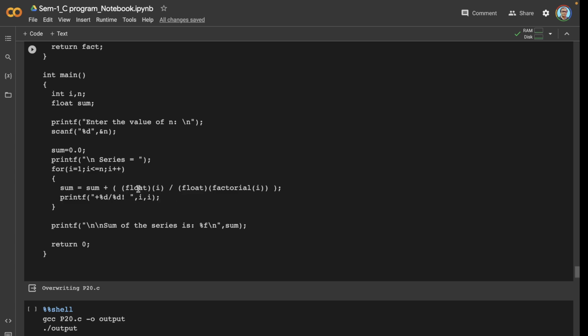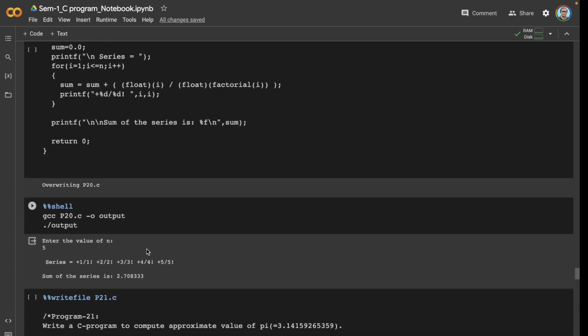So we first convert both to float type. Then print sum equals the series sum. Enter the value of n: 5. So the series is 1 by 1 factorial, 2 by 2 factorial, 3 by 3 factorial, 4 by 4 factorial, 5 by 5 factorial, and the sum is 2.708333.